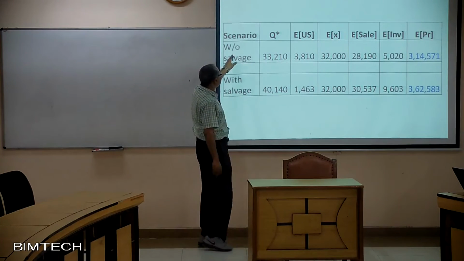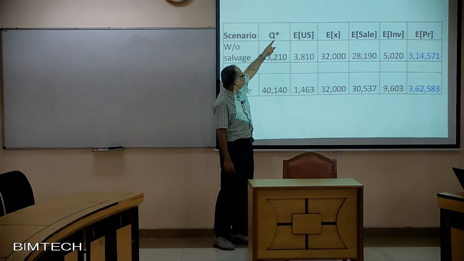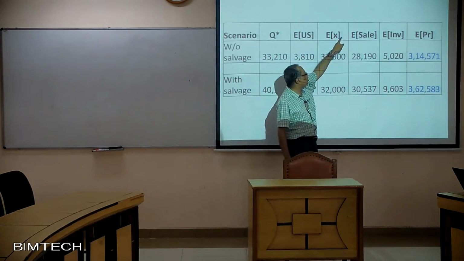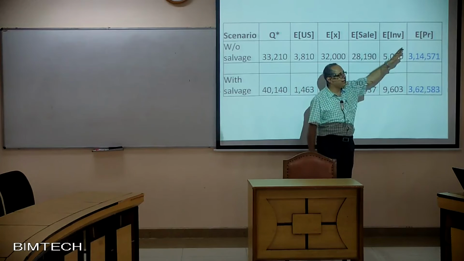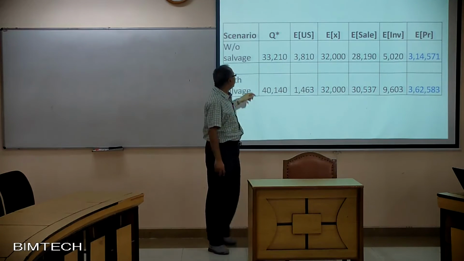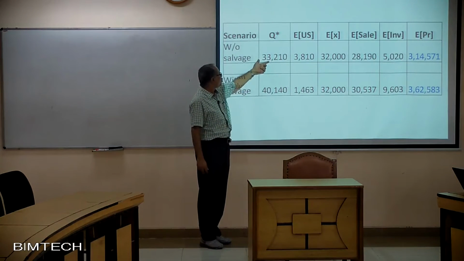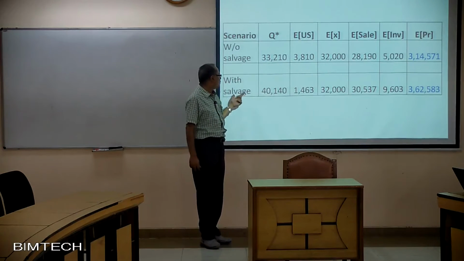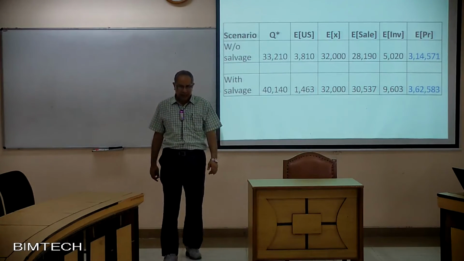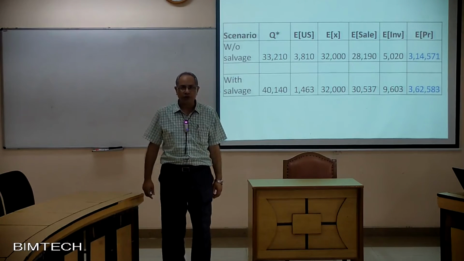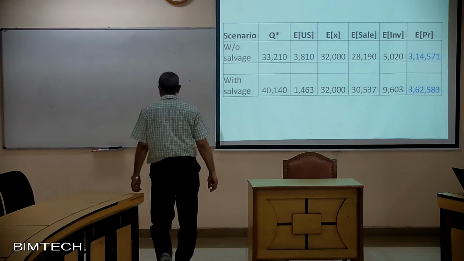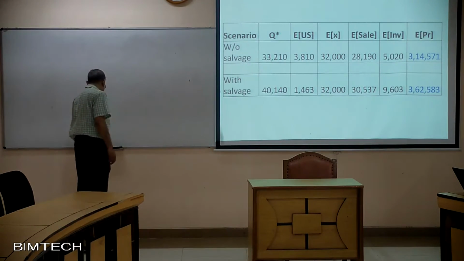Okay? Without salvage value, we have Q star values, expected unit short, expected demand, expected sale, expected inventory, and expected profit. Now, Q star value is going to be much higher for the case with salvage. Why is that so? Let me explain this.